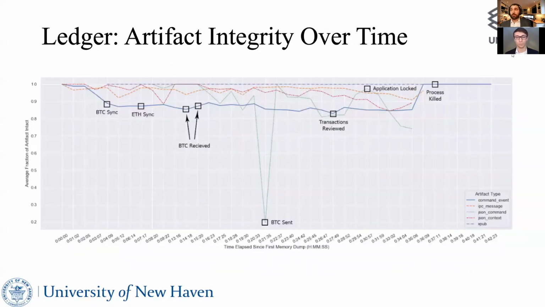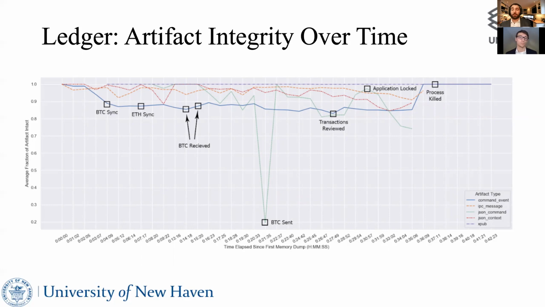This is the artifact integrity. This part of the visualization framework is calculating to what degree the artifacts have been overwritten. For the Ledger wallet in particular, many artifacts remain completely intact and extractable throughout the entire experiment. The blue and the purple lines are the public keys and the instances of the transaction history.